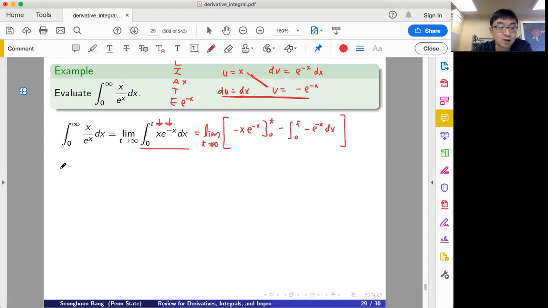So this is the same as the limit as t approaches infinity. The first term is negative x e to the minus x from 0 to t. You can change this one to the positive one. The integral of e to the minus x is negative e to the minus x from 0 to t.